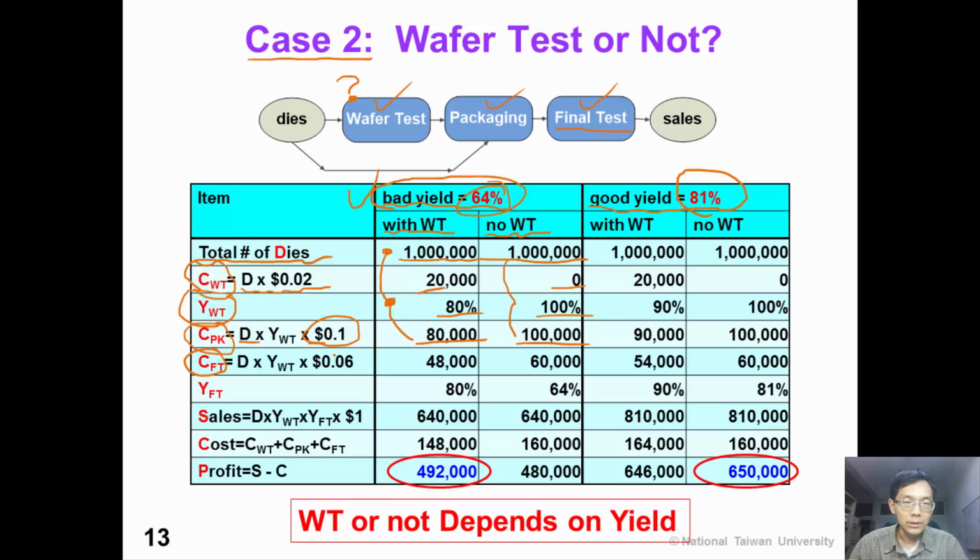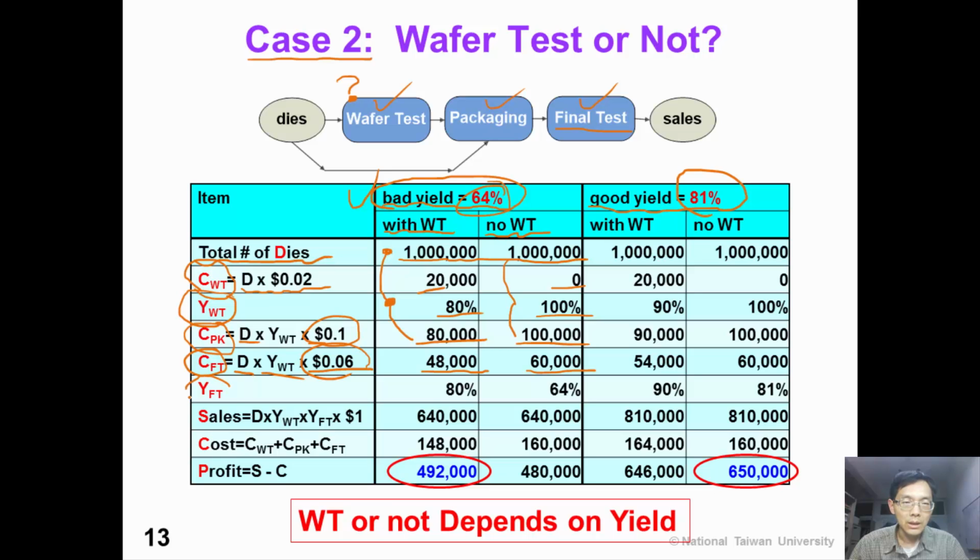And the final test cost is equal to the number of total die times yield times 6 cents per die. This would be 48,000 for the first case and 60,000 for the second case.